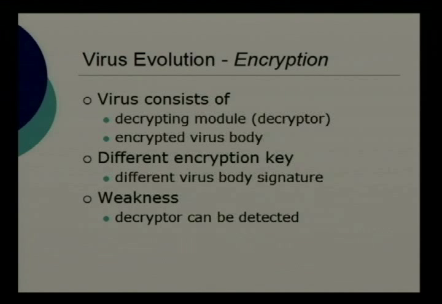So you have a little piece of decryptor code there, and that code can be detected by some signature detection means. Okay, so you could then encrypt the decryptor, but then you need a decryptor for the decryptor, and you get this infinite regress. So you have this basic problem that you need some piece of code there that's not encrypted, and that can potentially be detected.